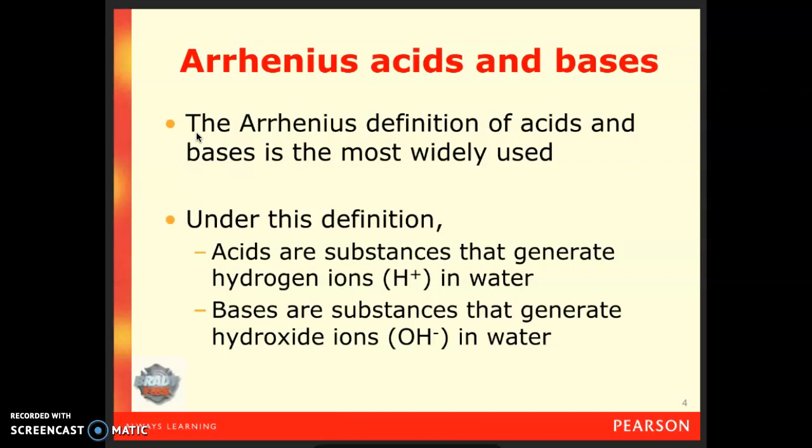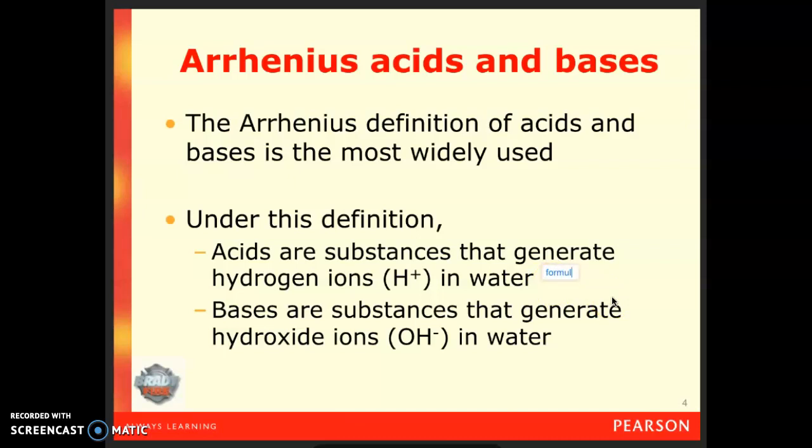There are other definitions of acid and base that are a little bit broader and include more compounds as a result. But the Arrhenius definitions are going to be important to us because they're going to show us very easily, based upon chemical formula, whether or not we have an acid or a base. So under this definition, acids are substances that generate hydrogen ions in water.